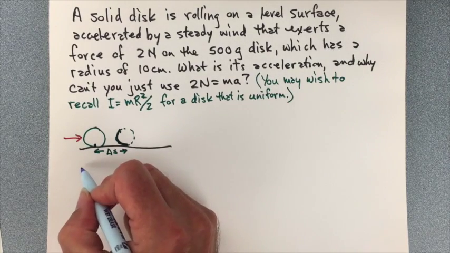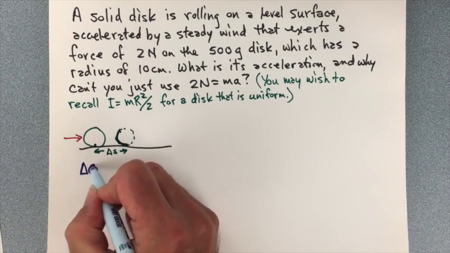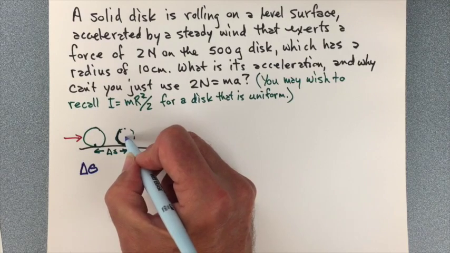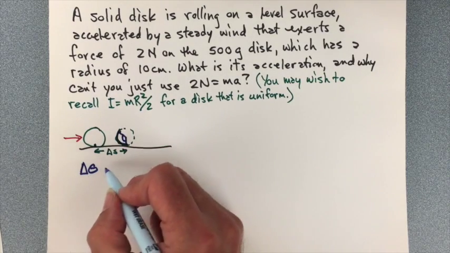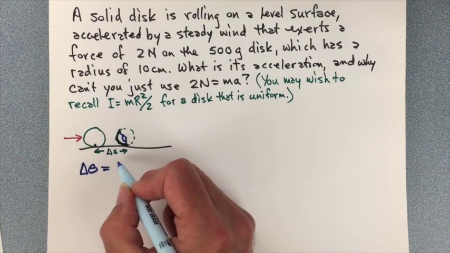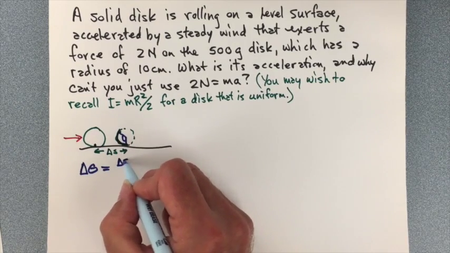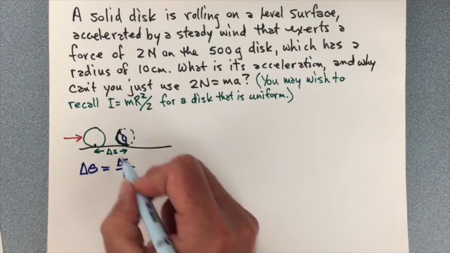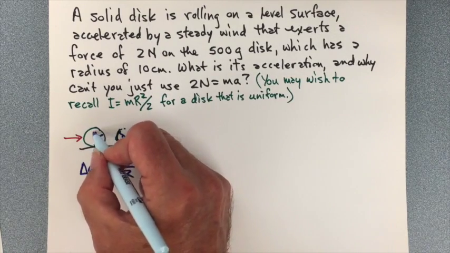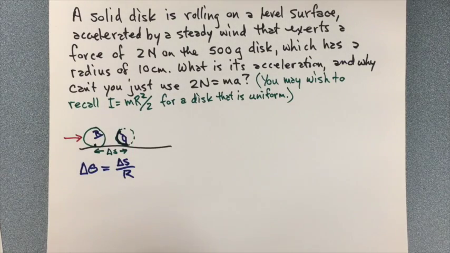So in particular, the angle that it has rotated, this angle right here, delta theta, is equal to delta S, the distance that it's traveled linearly, divided by the radius of that disk.